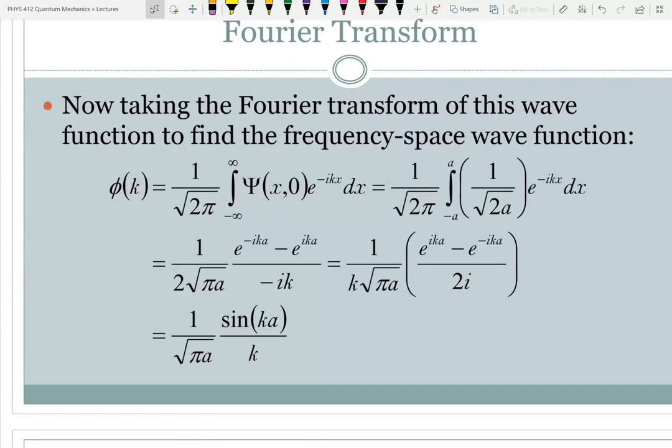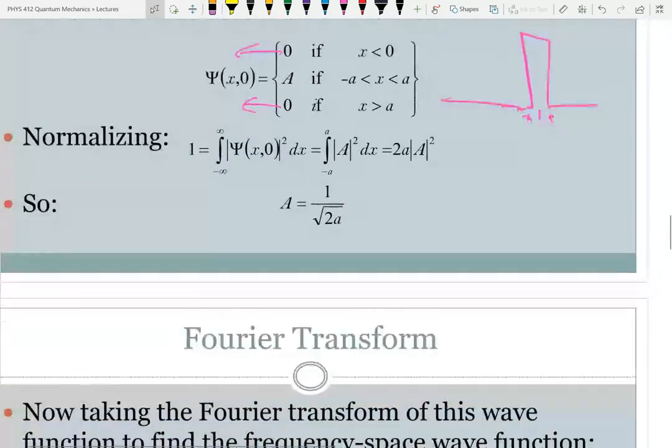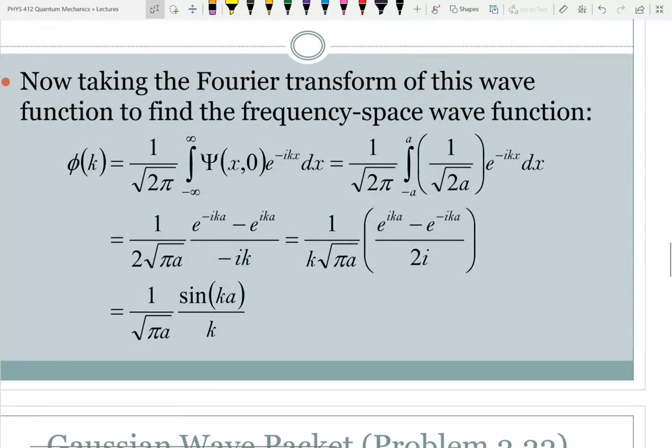So now we're going to take the Fourier transform. And you've got to admit, this is pretty much the easiest possible problem we could do, right? Because it's a constant for the psi. So to do this Fourier transform, here's the equation for the transform. So we substitute in that psi.